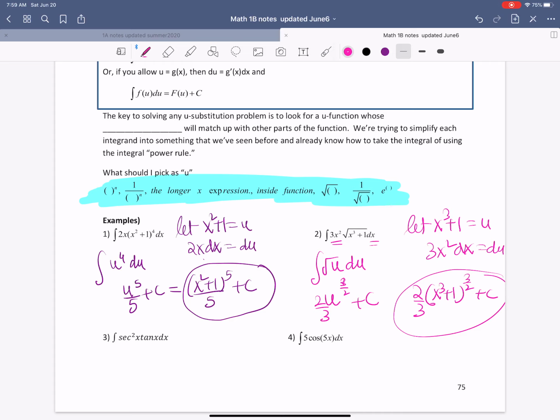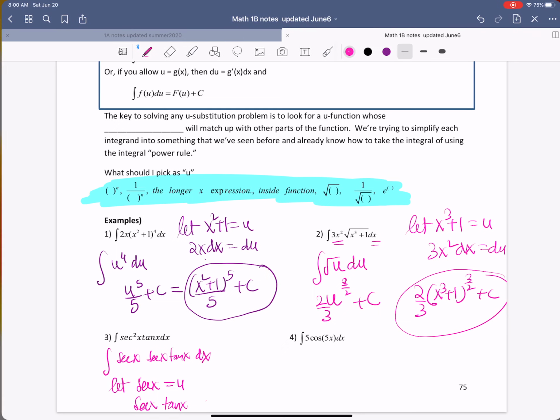Next one, secant square x tangent x dx. So let's go ahead and break this into secant x, tangent x dx. Now I'm going to let secant x be u, and secant x tangent x dx be du, when I do the derivative.